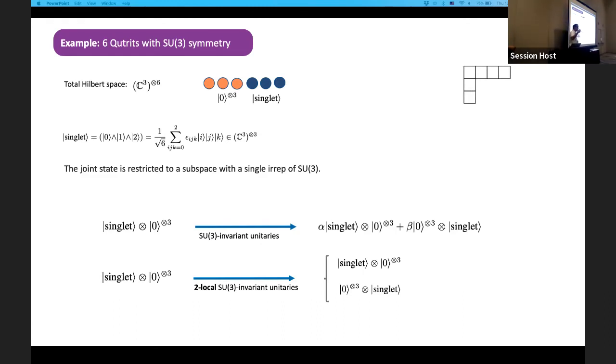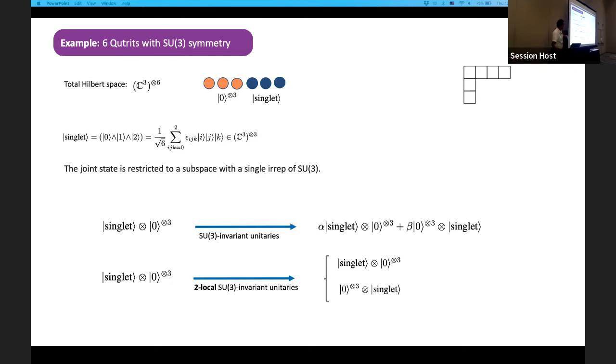But it turns out that under 2-local SU(3) invariant unitaries, you cannot generate a general superposition like this. You are restricted if you can only implement 2-local SU(3) invariant unitaries. You can either generate the original state, obviously, or this state that is obtained by again swapping the first 3 qutrits with the second 3 qutrits, but nothing in the form of a superposition.